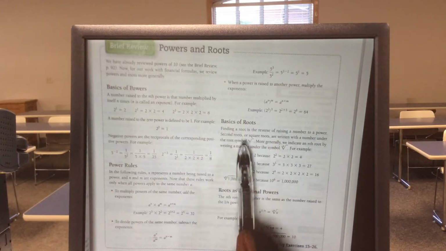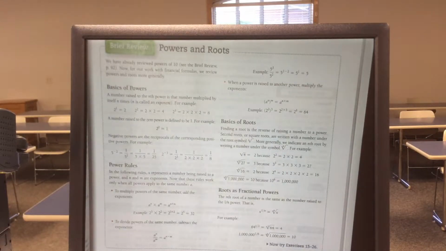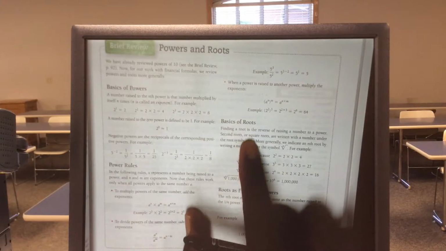And now let's look at roots. Finding the root is the reverse of raising a number to a power. Second roots, or square roots, are written with a number underneath the root symbol, or sometimes we call it the radical.